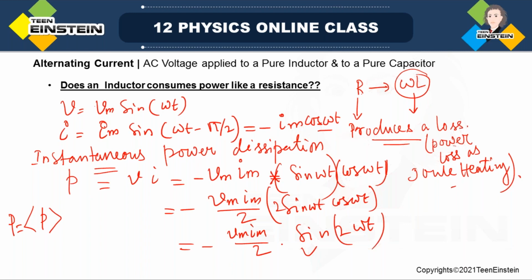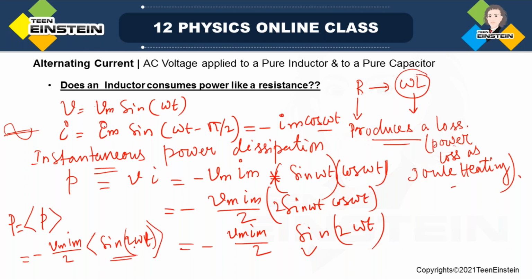But if you take the average over a full cycle, let us see what we get. Average means you have to take the time average. Obviously this is Vm Im by 2, and you have to take the average of sine 2 omega t.